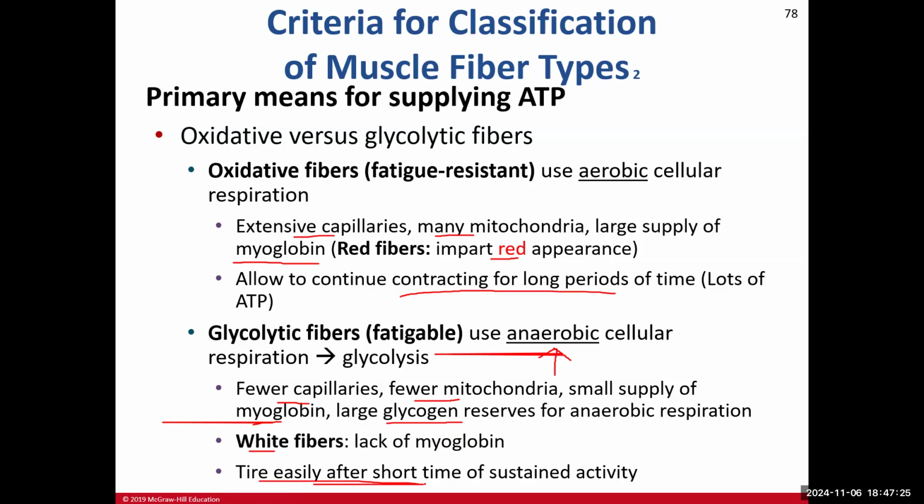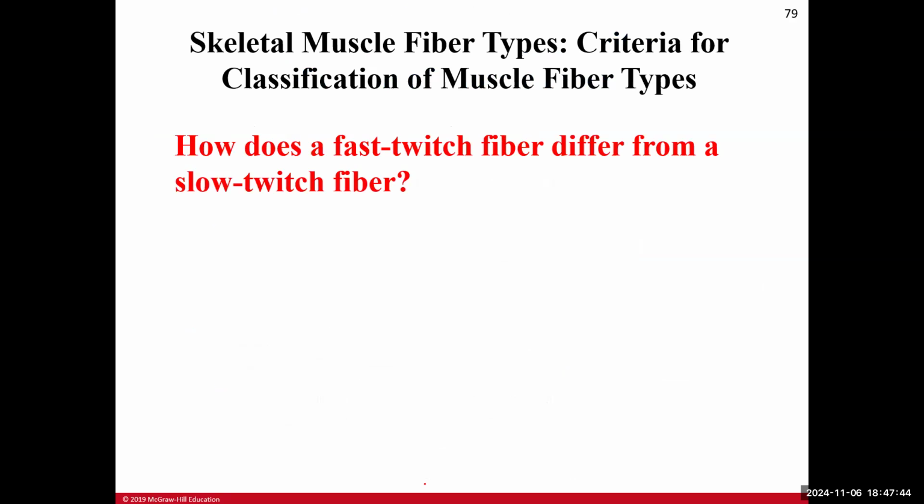All right, now that we know these different types of fibers, we have our fast twitch and our slow twitch, and that was just for contraction types. And then for our ATP supply, we have our oxidative and our glycolytic. Now we're going to combine some of these, and we're going to come up with a couple different forms that I'm going to talk to you about in a second.